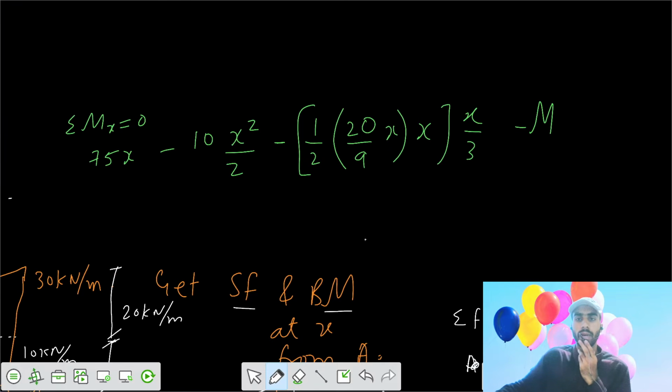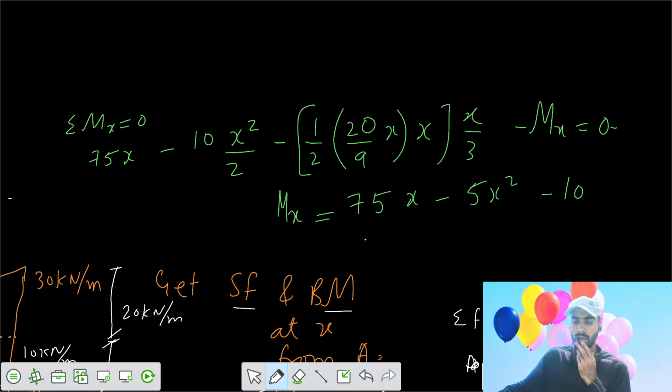So your moment equation is minus Mx equals to 0. So your bending moment equation at x equals 75x minus 5x squared minus 10x cubed by 27. By knowing the values of x, we can plot the variation for your bending moment diagram.